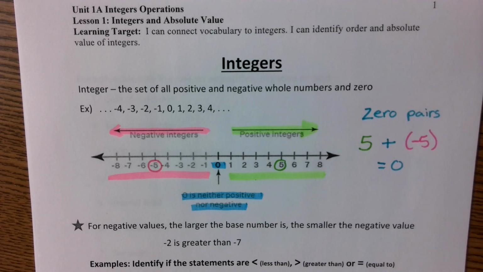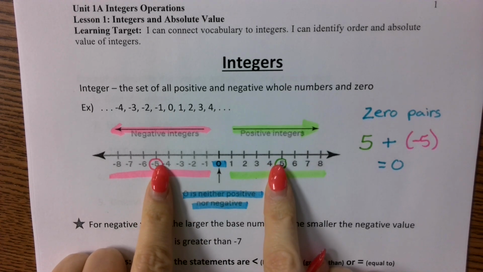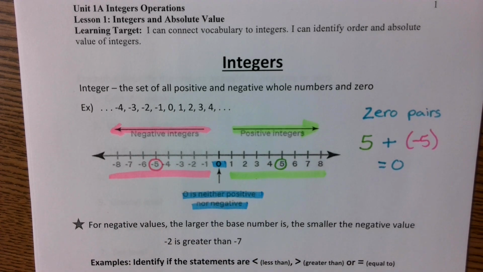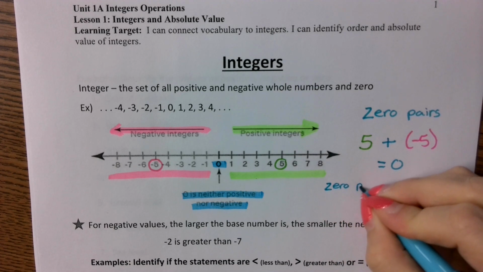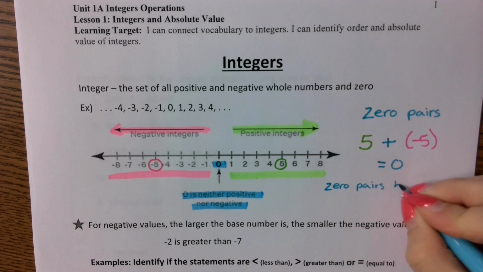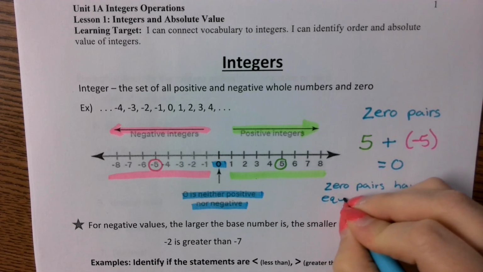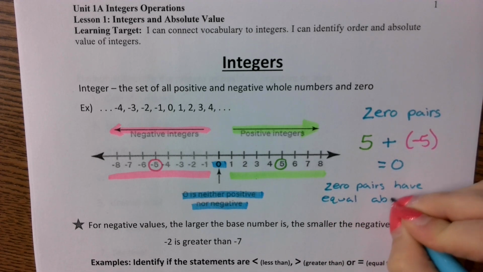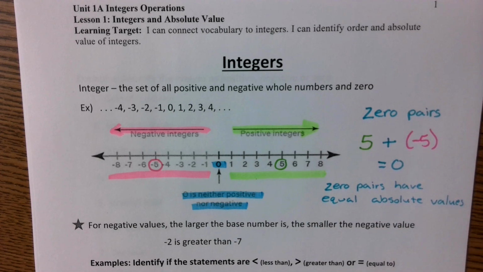Now, it's also important to note that they have exactly the same absolute value. So I want to write that down too. 0 pairs have equal absolute values. And an absolute value is the distance it is from 0.